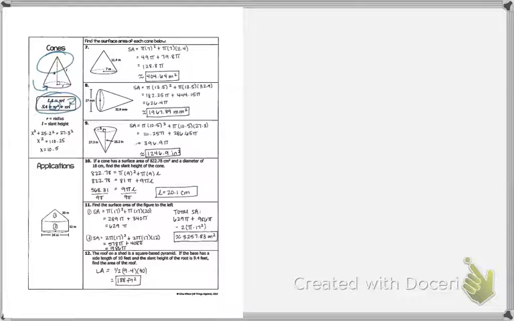Let's do number 7, and then I'll jump over to number 9. Let's go 7. 11.4. This is my slant height. Here is my radius. So SA is pi r squared plus pi r slant height.